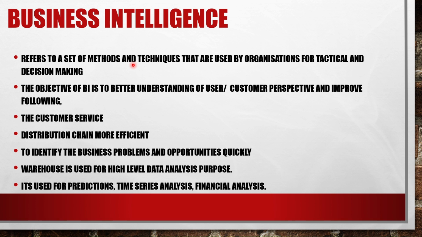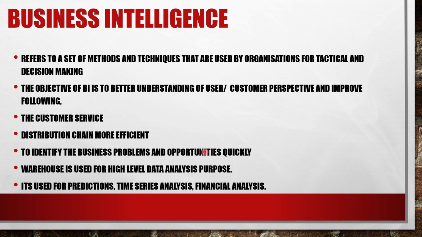The objective of business intelligence is a better understanding of customer perspectives and improving customer services as well. With the help of business intelligence, we can solve business problems and business opportunities very easily in a short duration of time.